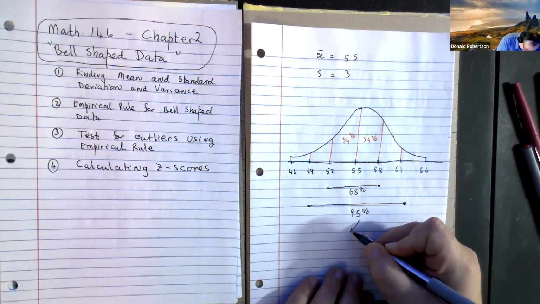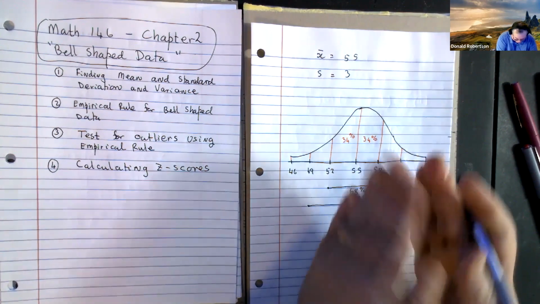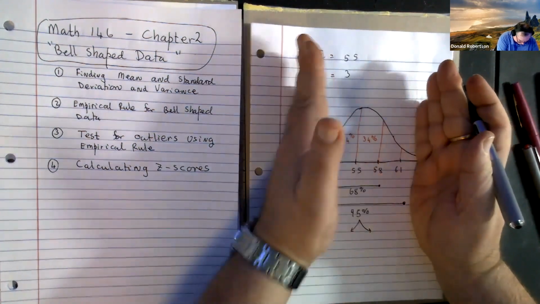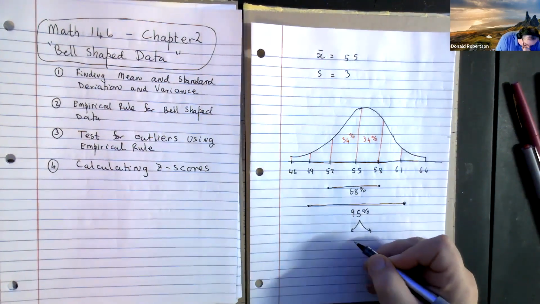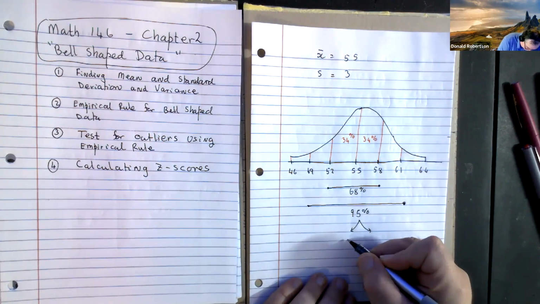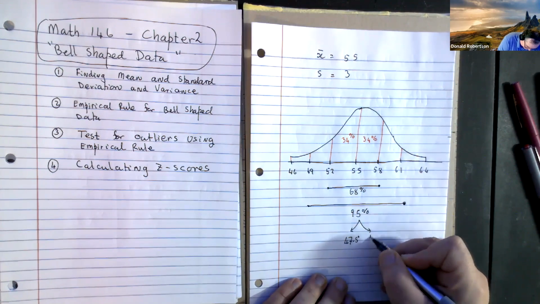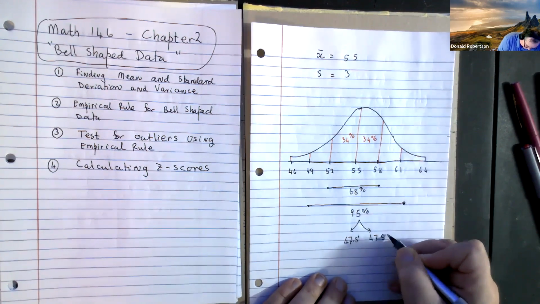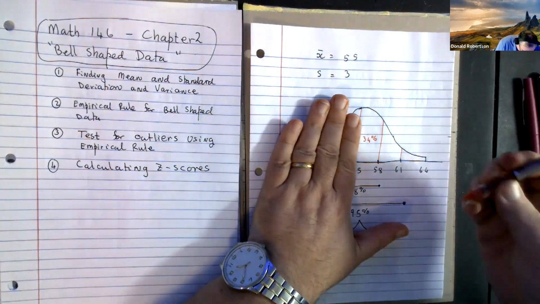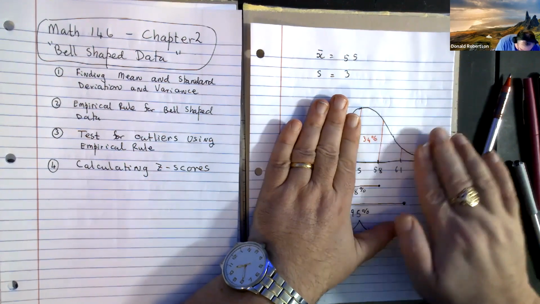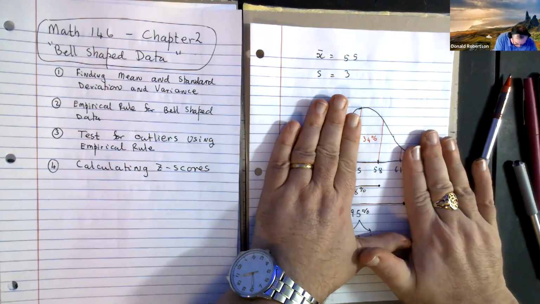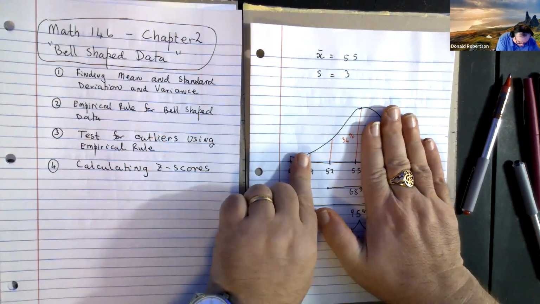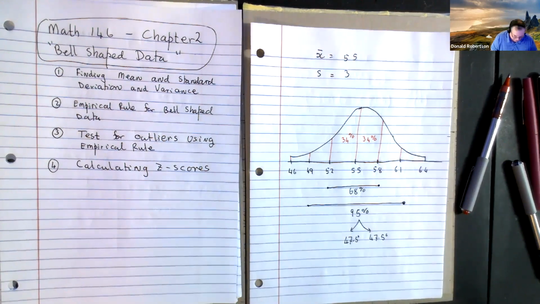If you take 95% and split it into 2 equal halves, you get 47.5% on each side.